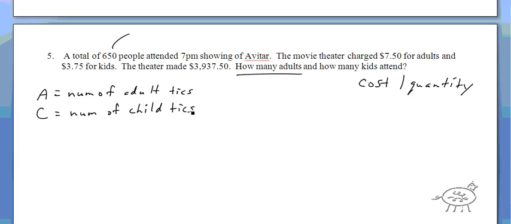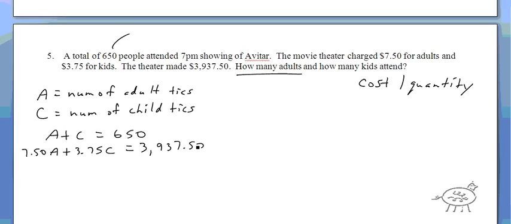Okay, so the first equation is going to be A plus C is equal to 650. That's easy. And then $7.50 for an adult, so 7.50 times A plus 3.75C is equal to 3,937.50.